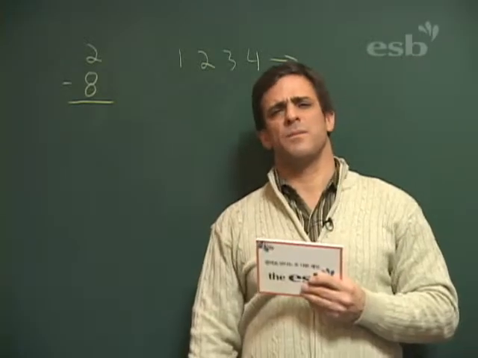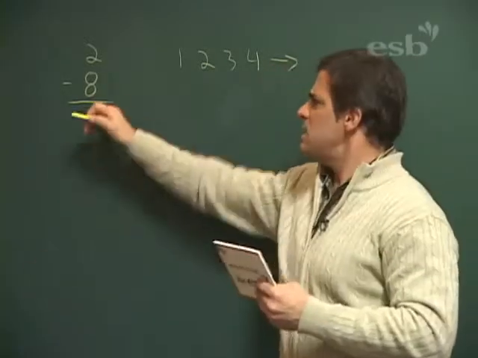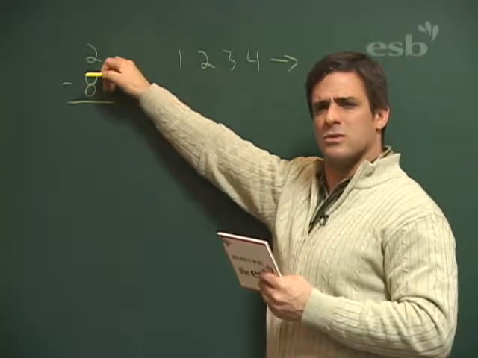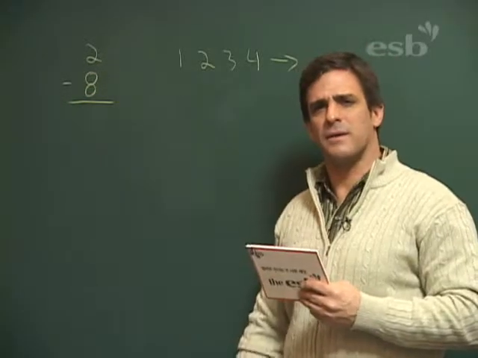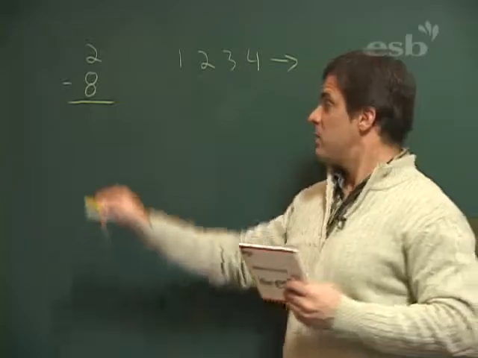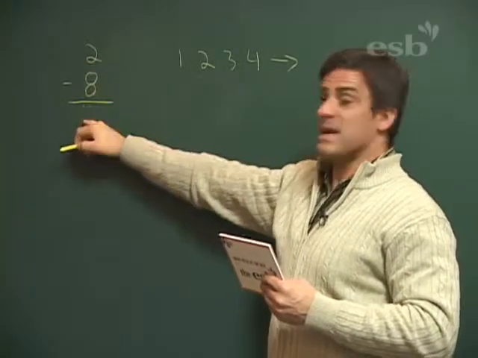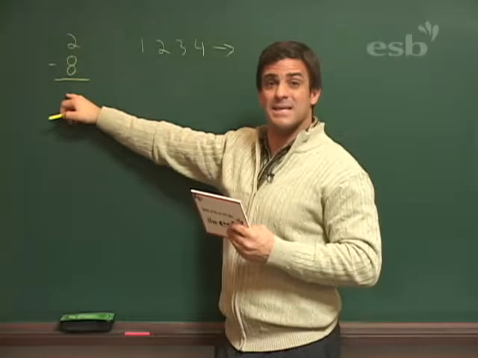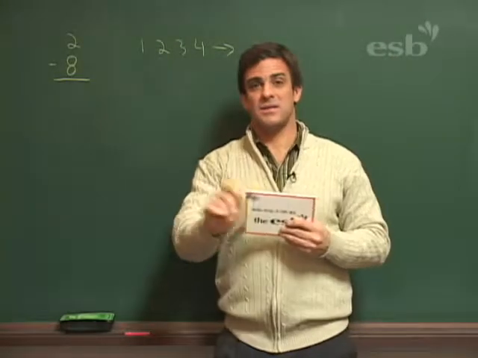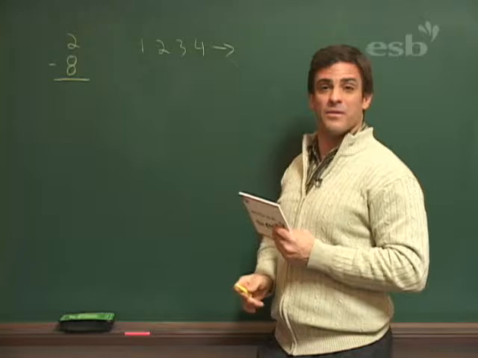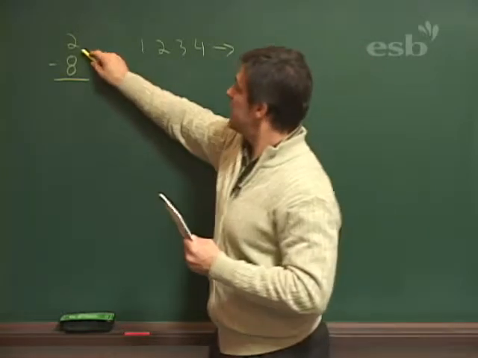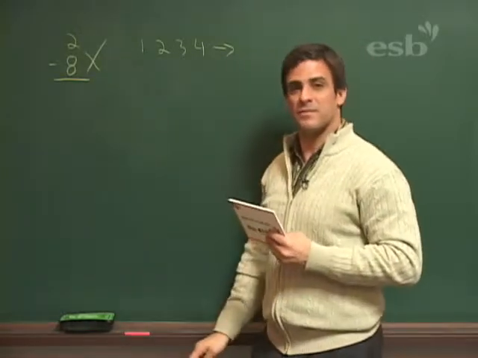Which number is bigger? 8 is bigger than 2. We have a problem here. Remember, the bigger number should be on top. The answer will be less than 0, and that's not a natural number. So we can't do this problem.